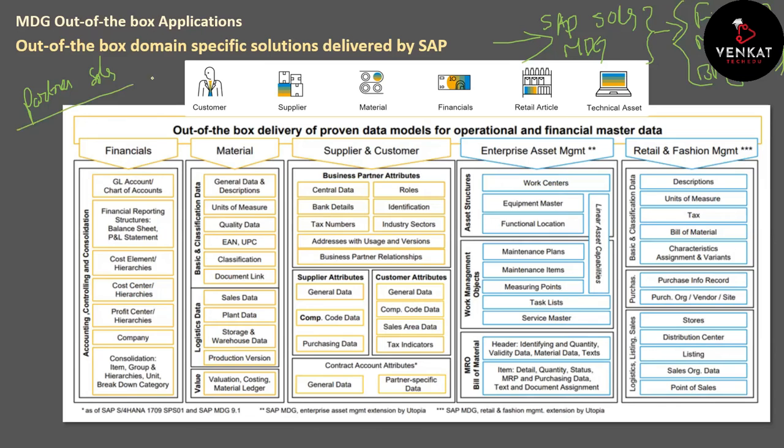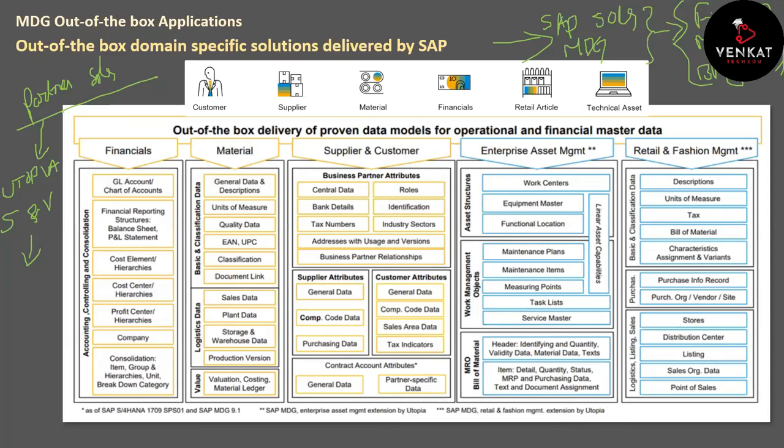Now there is something called partner solutions. These are not SAP's proprietary, but there are some partner companies in the market for MDG implementation, like Utopia and SNP. Not sure if there is any other, but to my knowledge, these two are the partner solutions. They also implement some master data solutions, and they partner with SAP for getting customers and giving support to the customers.